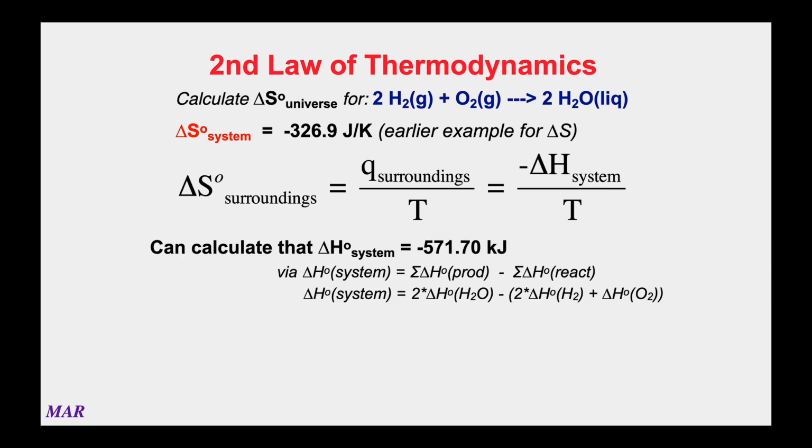Delta S of the surroundings, from other classes, you will find is equal to the Q of the surroundings divided by the temperature at which it occurs. And the Q of the surroundings is equal to the negative of the delta H of the system. So what that means for us here is that delta S of the surroundings equals negative delta H of the system divided by the temperature.